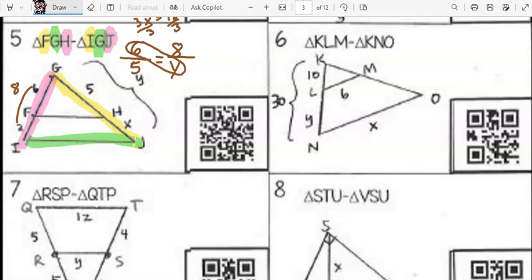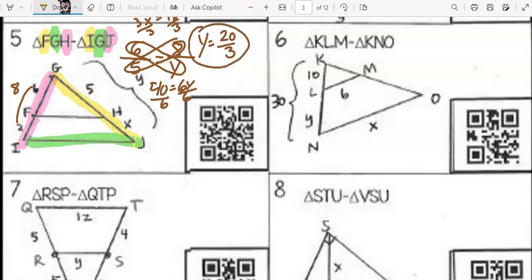Cross multiply. We get 40 equals 6y. Divide each side by 6. And we get y equals 20 over 3.